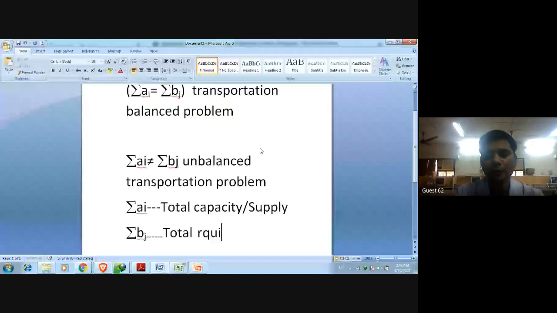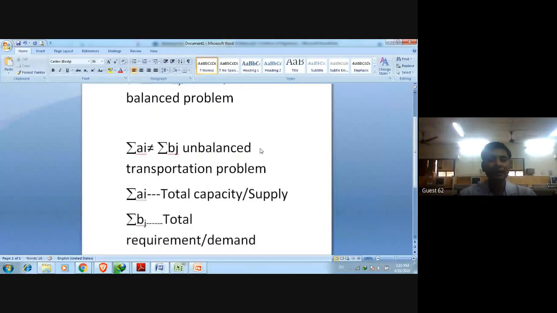Or you can also say that this is your demand. So here summation of ai and summation of bj are representing capacity and demand.